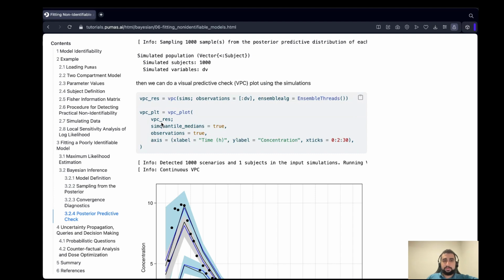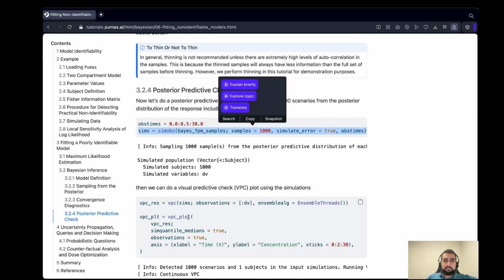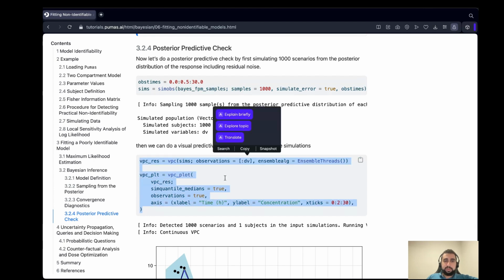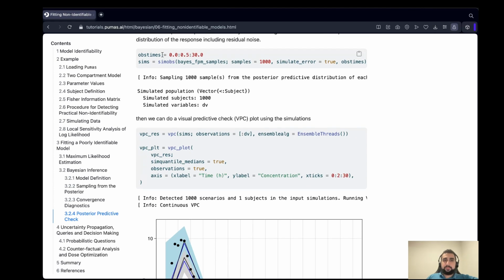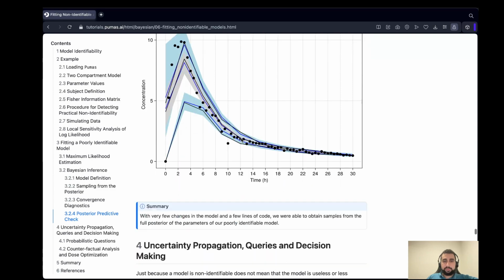If you have multiple observations, you can specify which observation you want to plot in this VPC while reusing the same simulations. A key aspect here is that we simulate once and then we can do multiple plots and VPCs out of these simulations. That's a nice way to not have to repeat the simulation every time you do a VPC. First simulate, and then you can do the VPC as a secondary step, or perhaps multiple secondary steps for different types of VPCs.